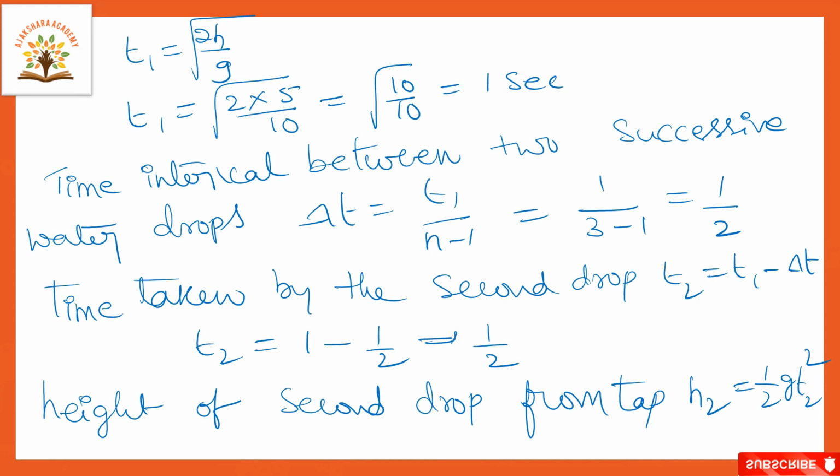Now substituting g and T values in this, H2 is equal to half g, that is 10, T2 is 1 by 2 whole square, 2 ones are 2, 2 fives are 10. So H2 we are getting 5 by 4.